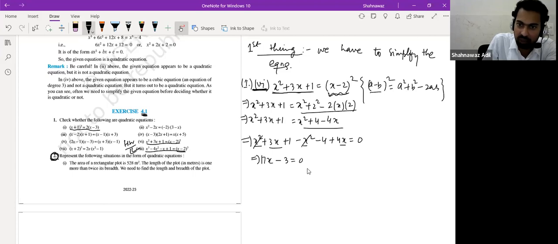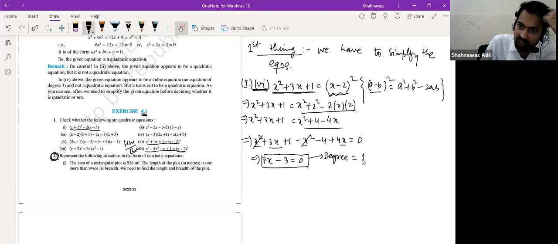So you see, when we were looking into these terms, it was looking like a quadratic term, degree of 2, right? But when we simplified all these terms, we found out that the degree of this equation is how much, Ahmad? Degree of this equation, 1, right?